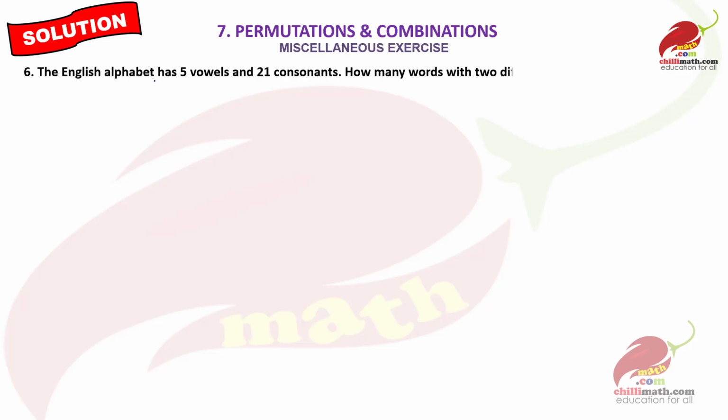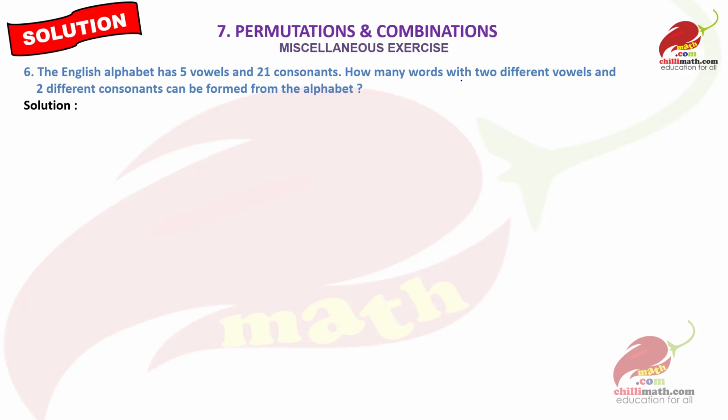Sixth question is, the English alphabet has 5 vowels and 21 consonants. How many words with 2 different vowels and 2 different consonants can be formed from the alphabet? So vowels, as I said again, just try to understand this concept.